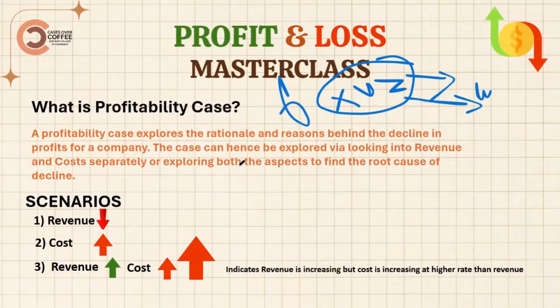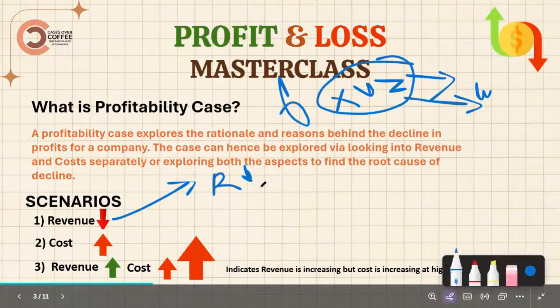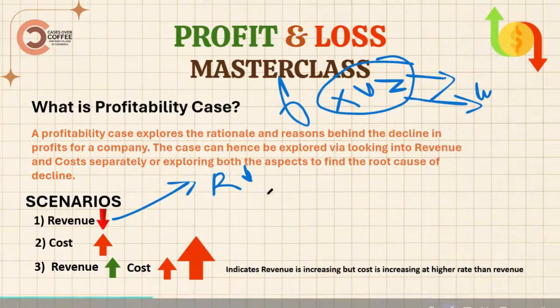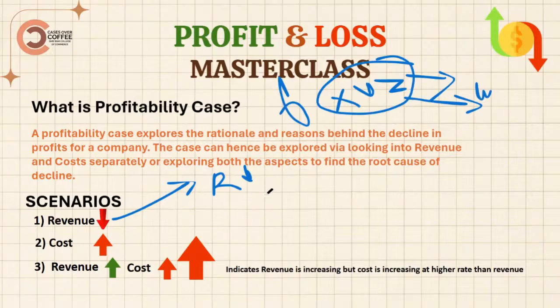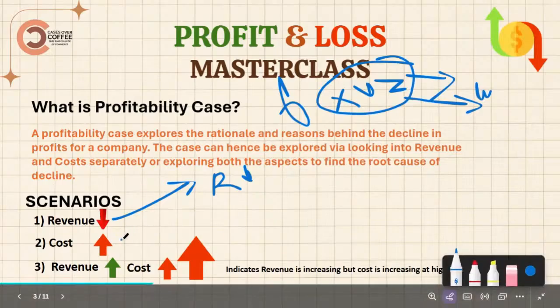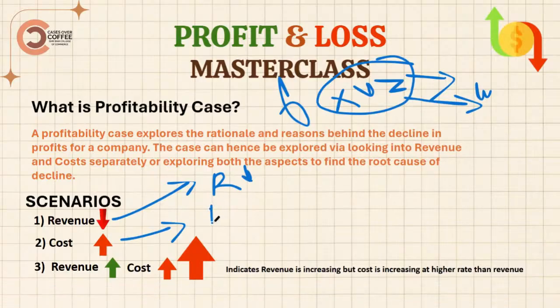Now, in this, what are the different scenarios? So, the very first scenario could be the revenue of that company has fallen down, due to which there is a loss or the profitability of the company has fallen down. There can be a second scenario that the revenue has been constant, but their cost has increased.